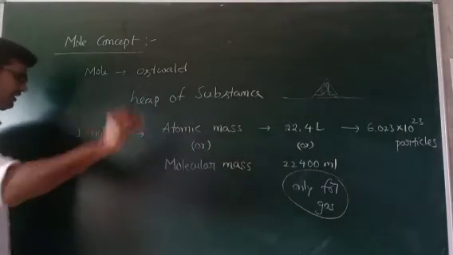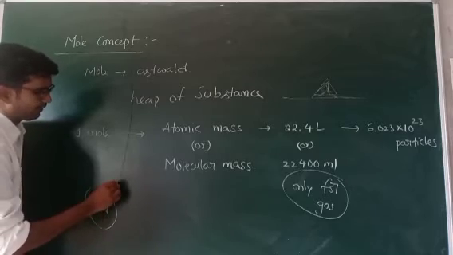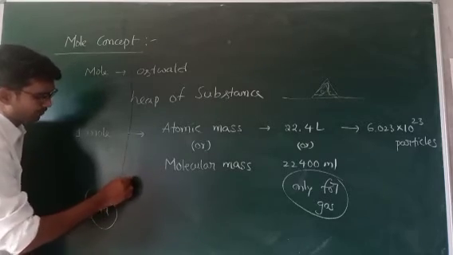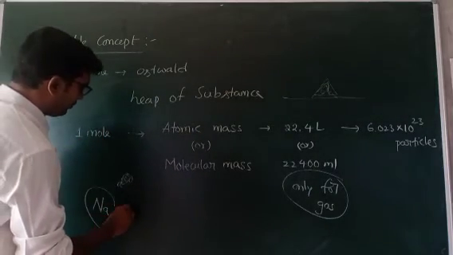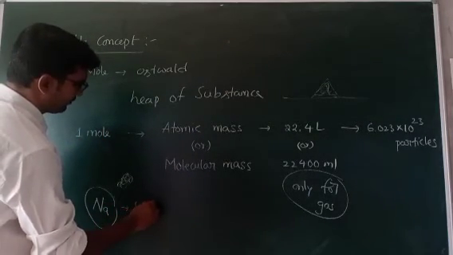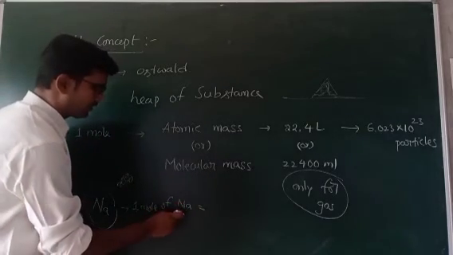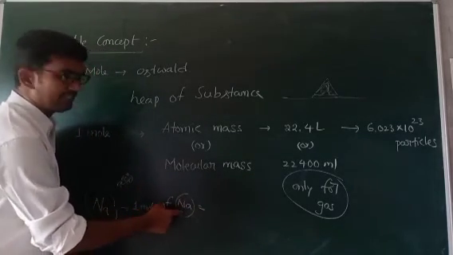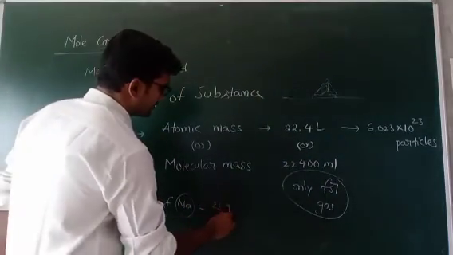For example, sodium. Here I have taken a small piece of sodium. Then what is it for one mole of sodium? 1 mole of sodium weight is how much? 1 mole of sodium, it is an element, so it is equal to its atomic mass, that is 23 grams.